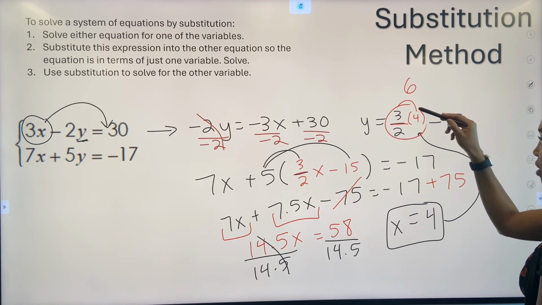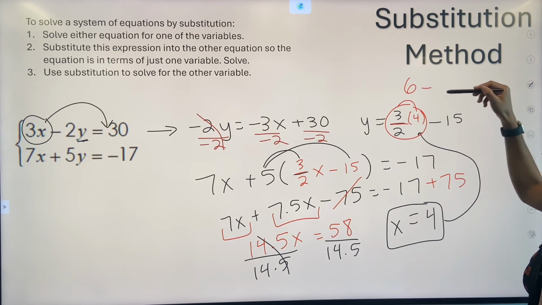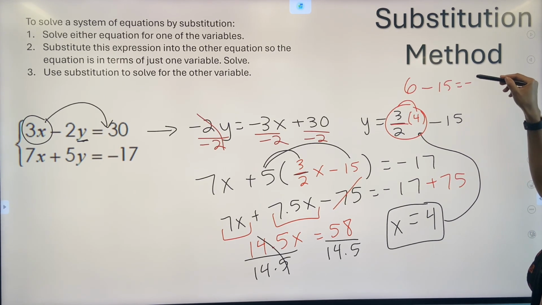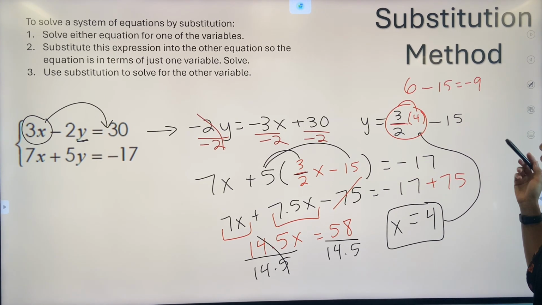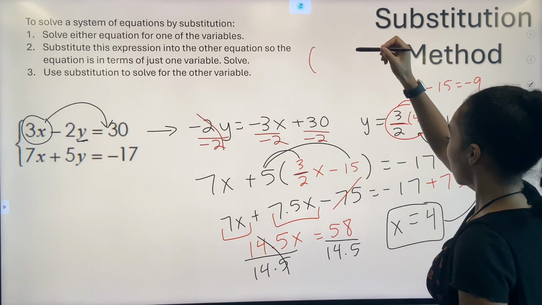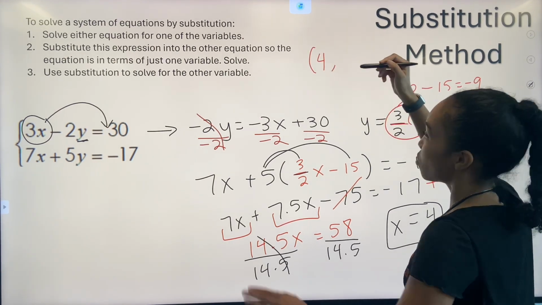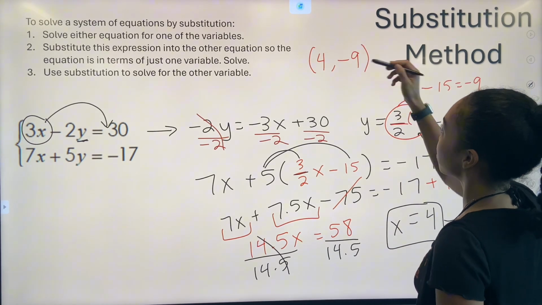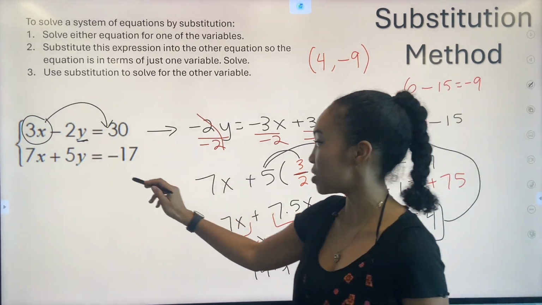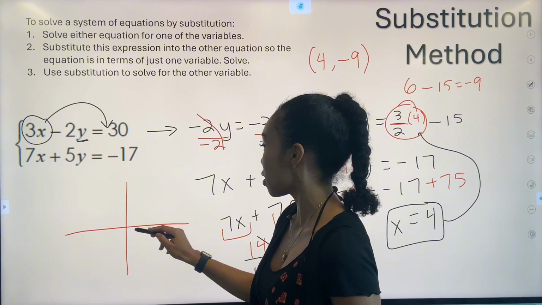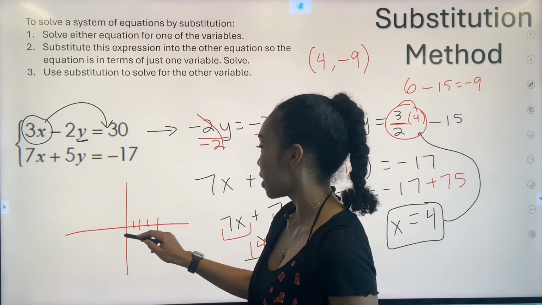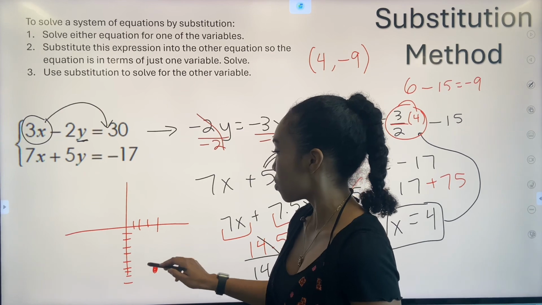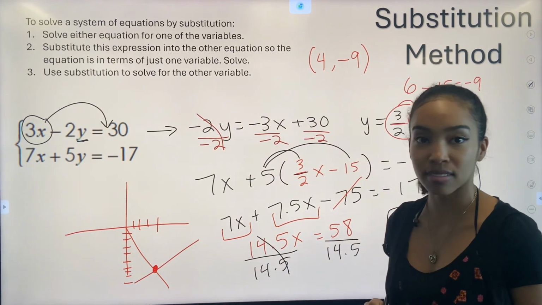Okay, so this whole thing is 6 minus 15. 6 minus 15 is negative 9. So I found my coordinate. Those two lines intersect at 4, negative 9. So I'm not sure what these lines look like, what their slopes are, but at 4, negative 9, those two lines intersect.